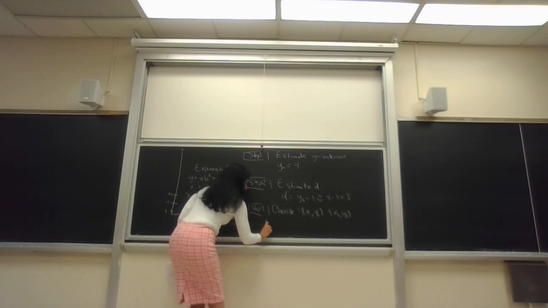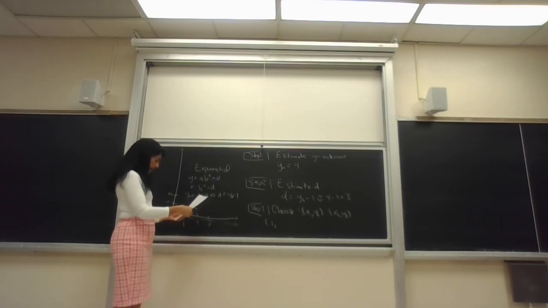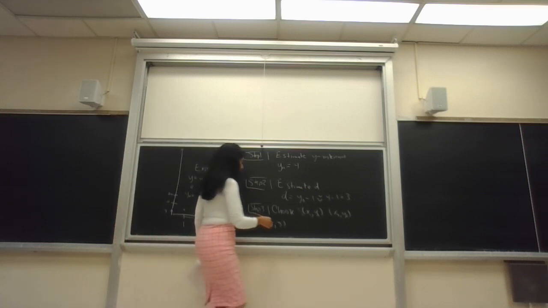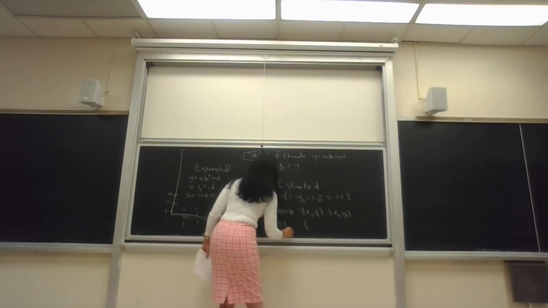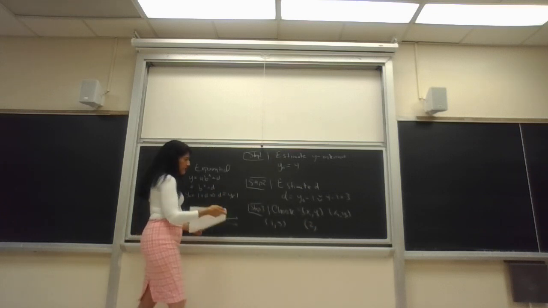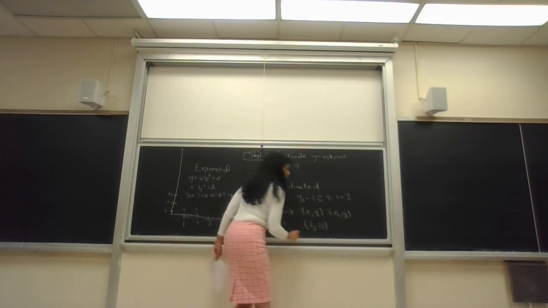You choose x1 to be 1. If x1 is 1, I had y1 is approximately 5, a little bit higher, so you might have something larger here. And then I chose my x2 to be 2, and at 2, I said it's about 10. So these are rough estimates.